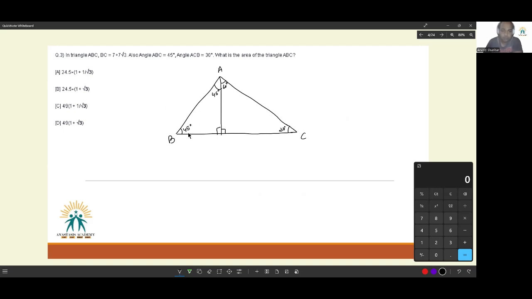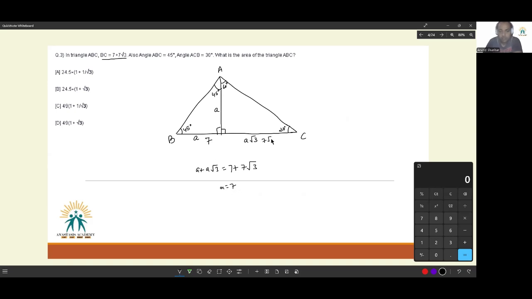Fine. So I'm saying if this length was A, this length will be A. Opposite to 30, if I have A, opposite to 60, I will have A root 3. And look at this wonderful thing. BC was told to us as 7 plus 7 root 3. A plus A root 3 is equal to 7 plus 7 root 3, which means A is equal to 7. This length is 7.